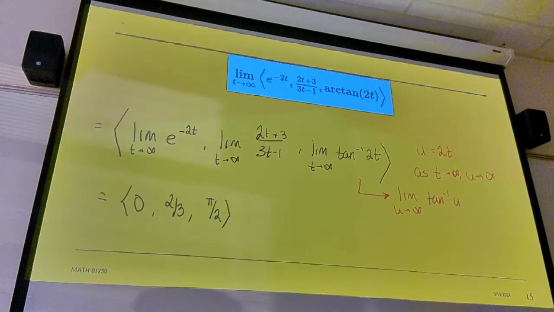Pi over 2, specifically from the left. Right, if you look at the graph of tangent from minus pi over 2 to pi over 2, it goes down to negative infinity at negative pi over 2, and up to positive infinity at pi over 2. So the limit of the inverse tangent of u as u approaches infinity is pi over 2.